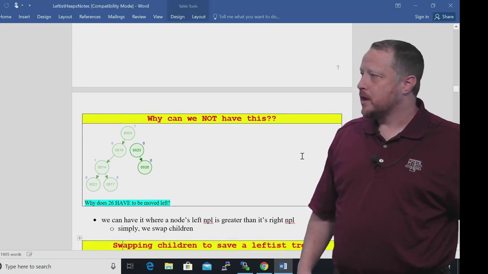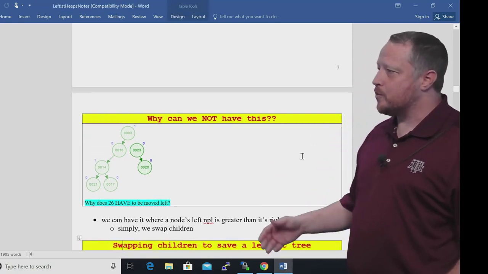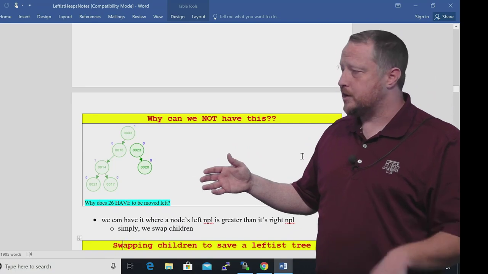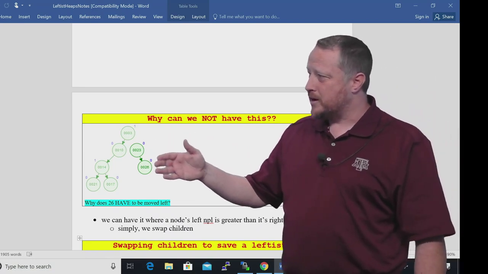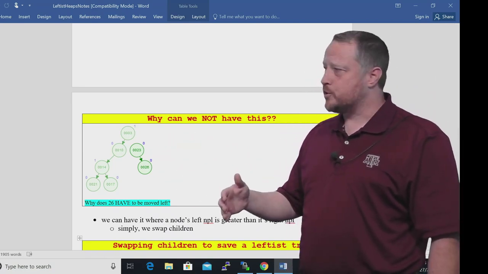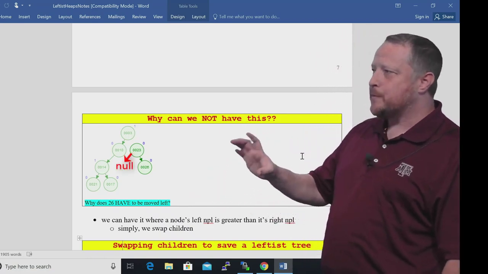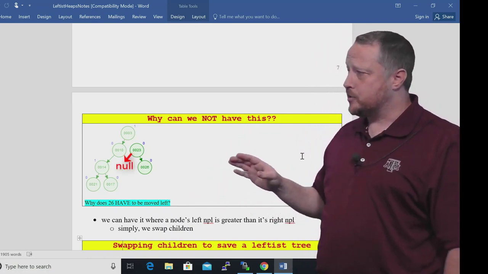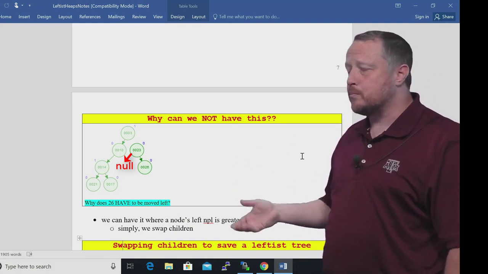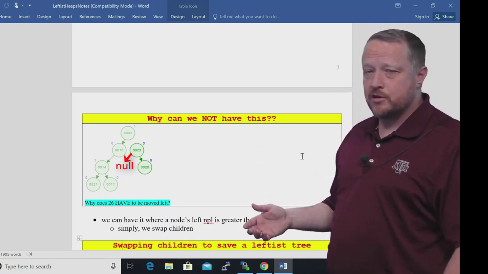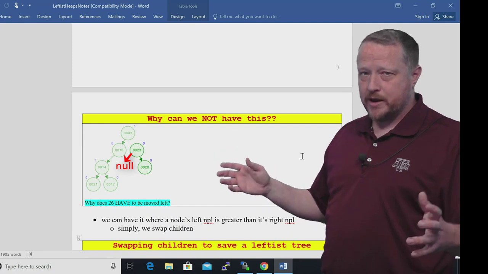Here's what I mean. So in the example that we have right here, our tree is not completely done, because when it's like this, you're most likely going to push over the 26. But why are we doing that? At this snapshot, do an NPL compliance, and 23 is going to be out of compliance because on the left it gives you 0, on the right it's 1. That's bad news.